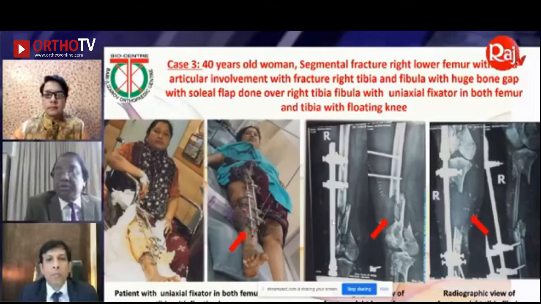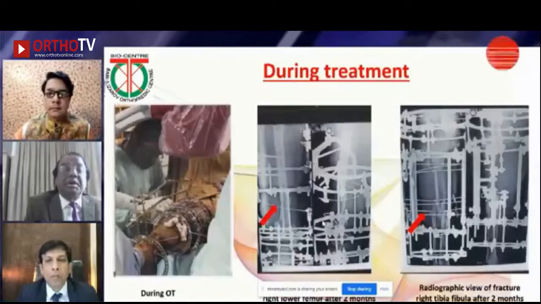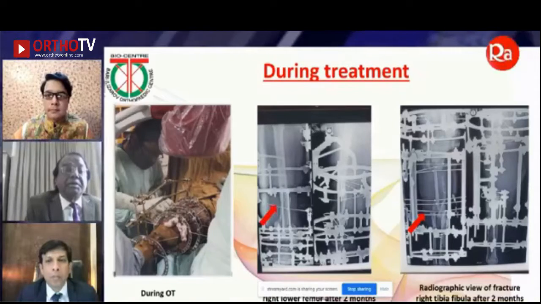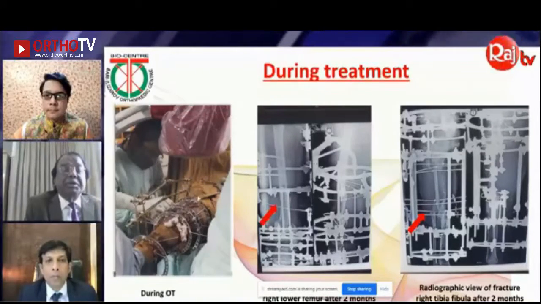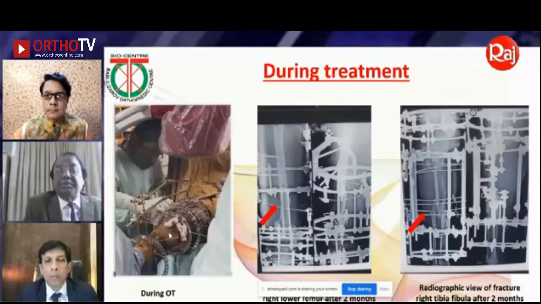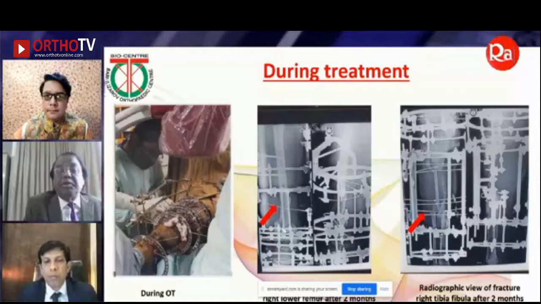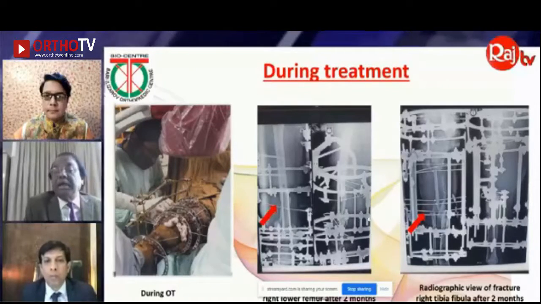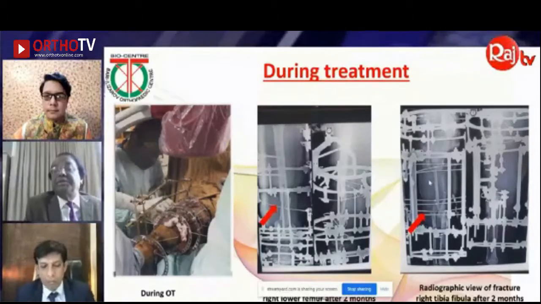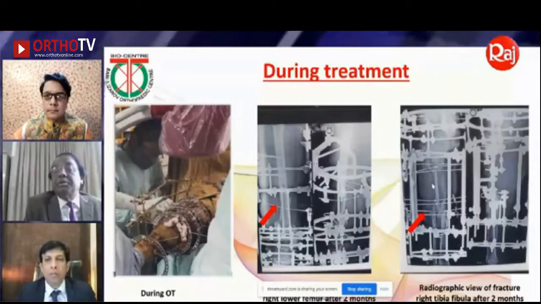Bone quality is not good. Now, the only very good option is Ilizarov. Keeping the initial fixator in situ, I will start doing the application of Ilizarov. Now you can see, dear friends, here I've already overcome this one femur, and I have transported the tibialization of the fibula.